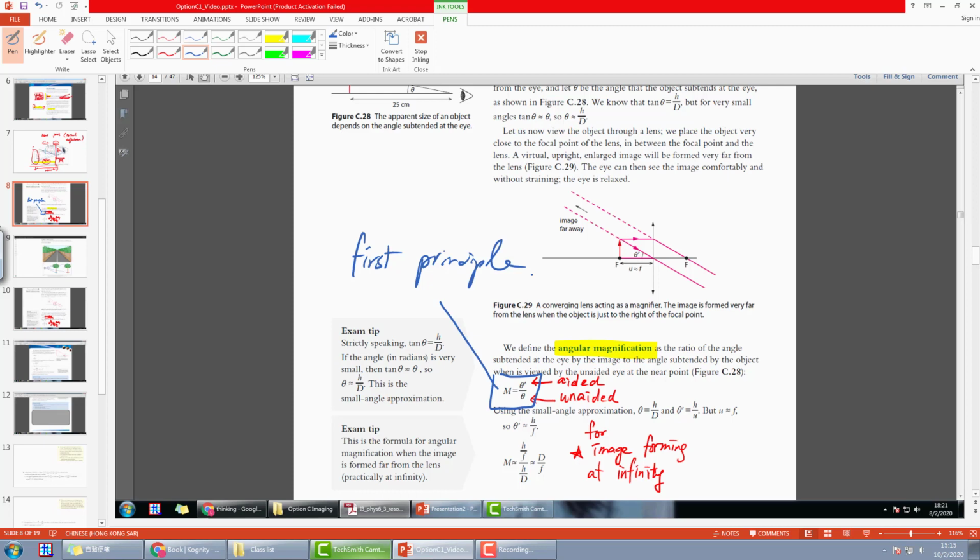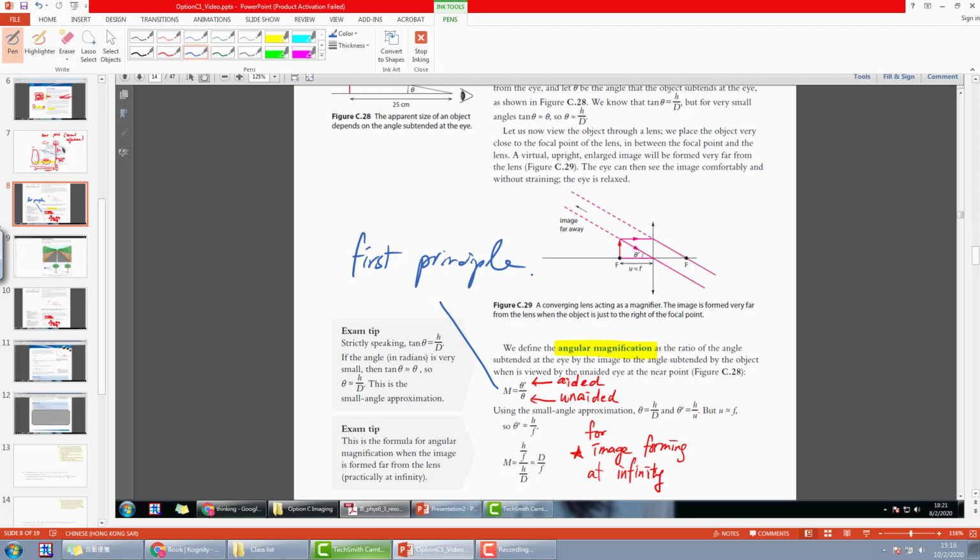This is again the definition; you can't argue with it. What you have to understand is that the angular magnification is defined as theta prime over theta. Apparently the original one is at the bottom and the new one is at the top, like the linear magnification.